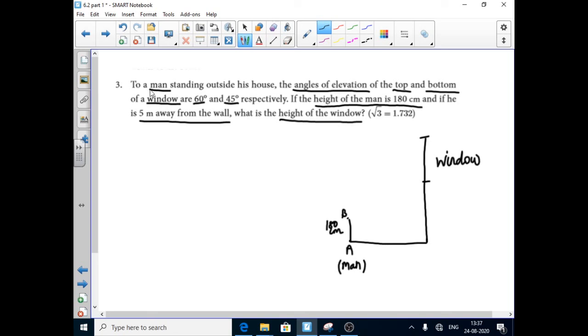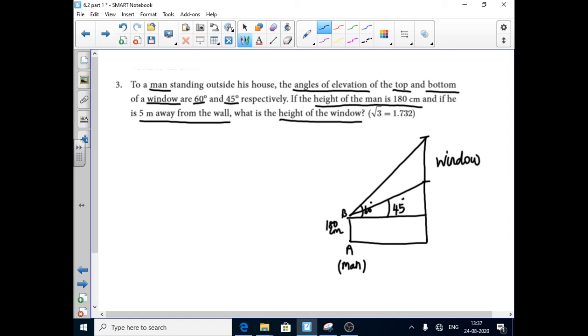From his eye level I draw the horizontal line. Now I have to draw the line of sight. So the first angle given, 60 degrees, is for the top of the window, so I mark this angle as 60 degrees. Next, for the bottom of the window, it is 45 degrees. So I mark this angle as 45 degrees.